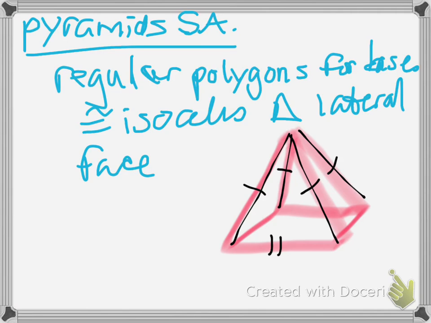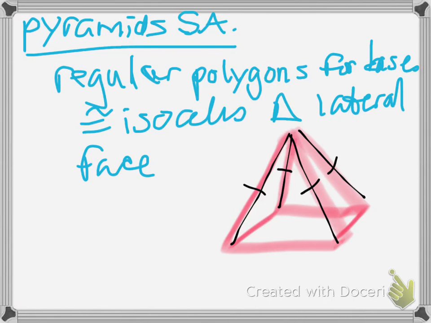All your bases are going to be regular polygons. That means they're not going to be curved in, they're not going to be concave and all wonky. You're going to be able to use one of our polygon area formulas in order to find the area.